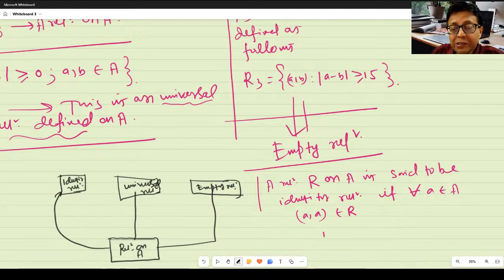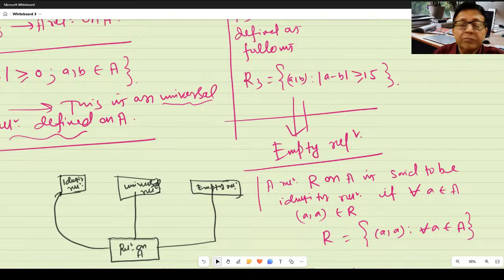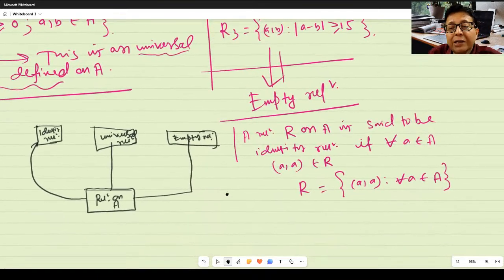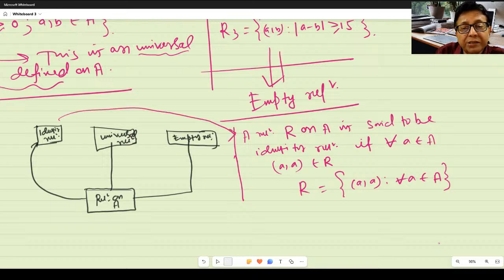So by definition R will be what? R equal to (a, a) for all a belongs to A. Only these kind of elements will be there. This is called identity relation. Only (a, a) will be there for all a belongs to A.